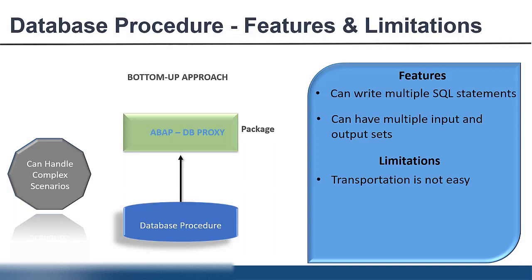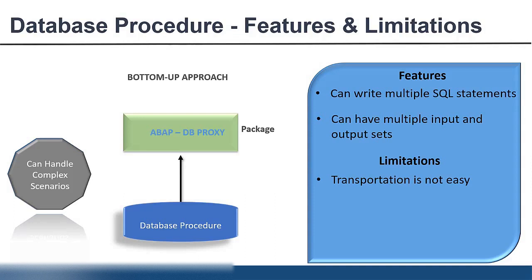So you end up having multiple objects created at different places and in different packages. First you will have to club all these packages together, and then transport them from one system to another. Again, after transportation, you will have to distribute those at their respective places. So that is why transportation is not that easy.